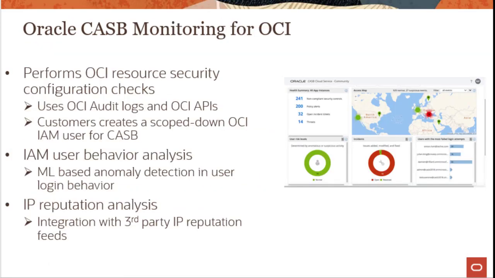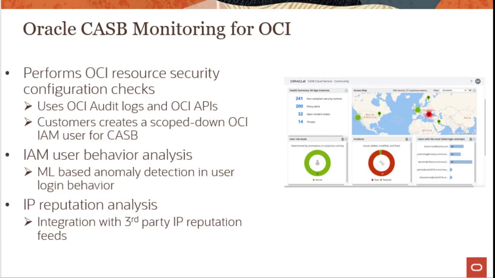So Oracle CASB service monitors the security of Oracle Cloud Infrastructure deployment through a combination of predefined Oracle Cloud Infrastructure specific security controls and policies, customer configurable security controls and policies, and advanced security analytics using machine learning.